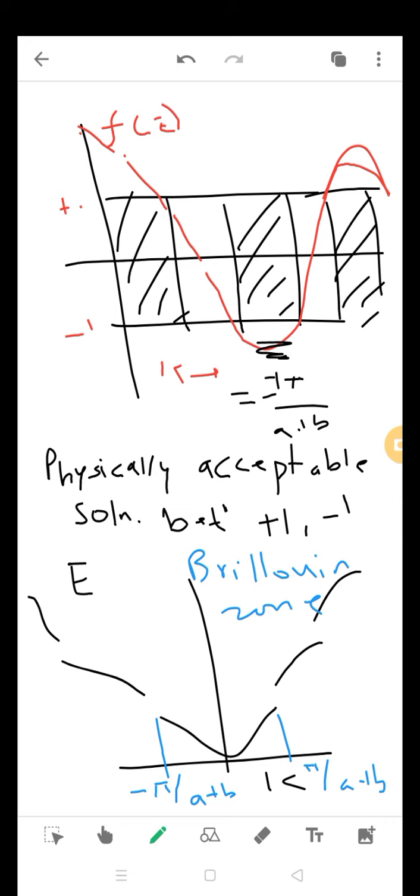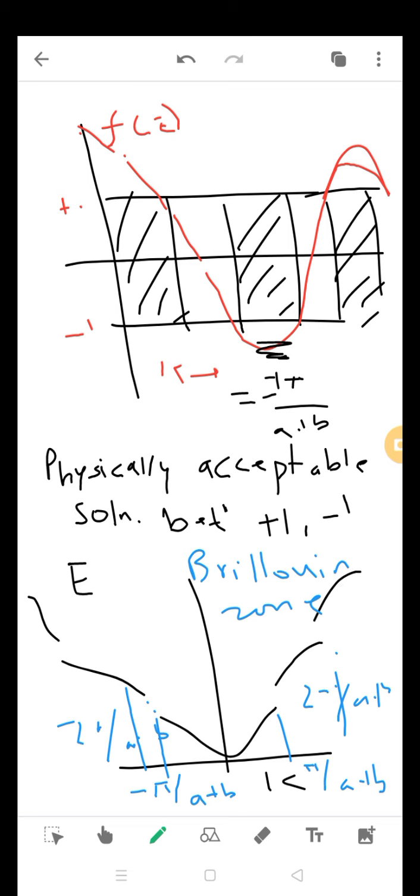Secondly, we have a band gap in between the two zones, and the next zone is between minus 2 pi by a plus b to 2 pi by a plus b.